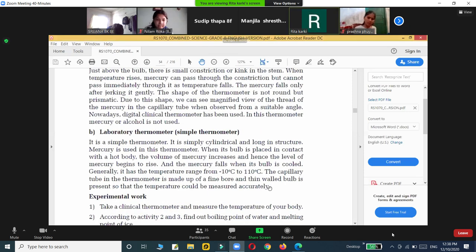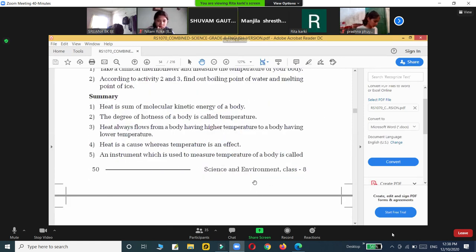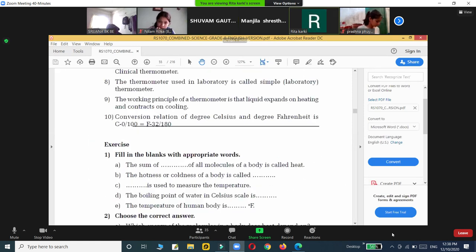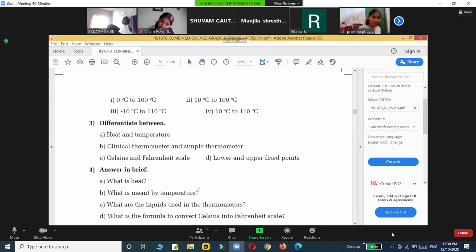These are the differences between clinical and simple thermometer that we studied yesterday. Beside this, another is the Celsius scale and Fahrenheit scale. The lower fixed point of the Celsius scale is 0 degree centigrade, the upper fixed point is 100 degree centigrade. The lower fixed point of the Fahrenheit scale is 32.